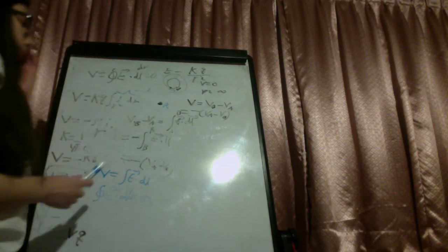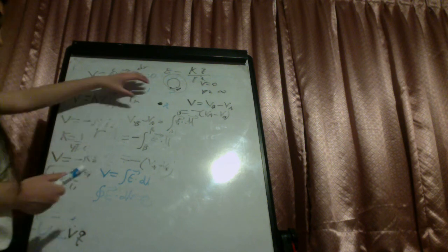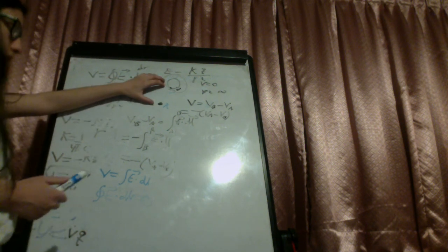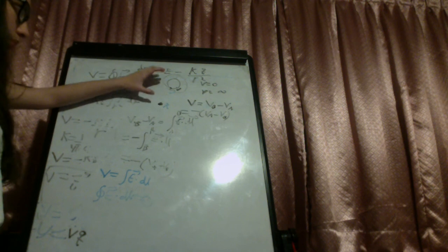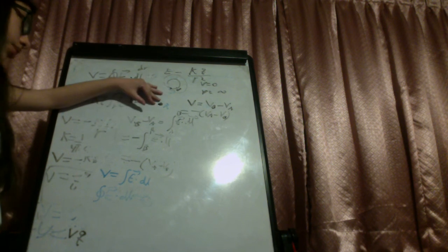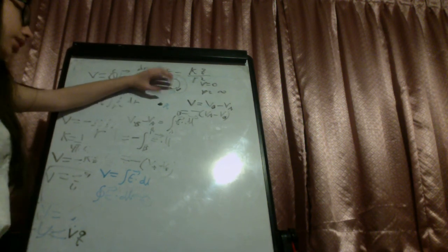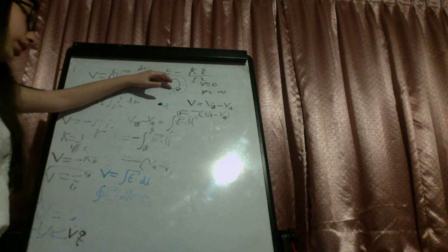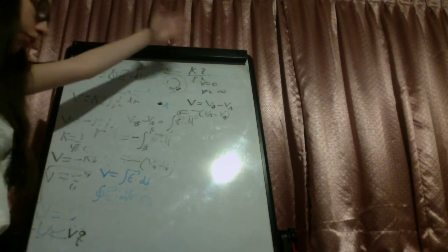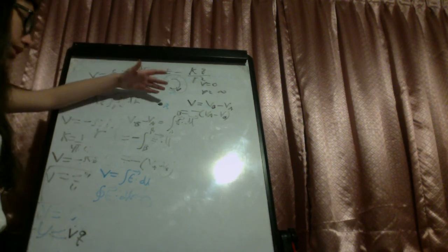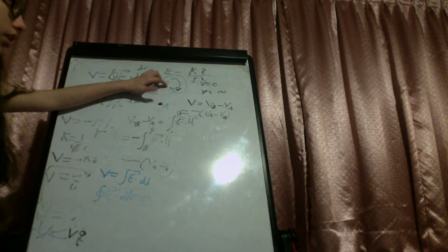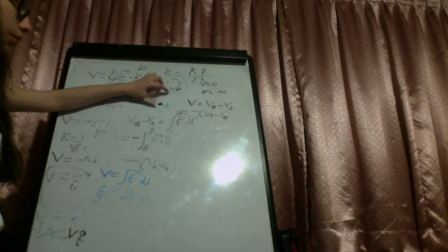And when we have these two points, we are taking the difference between the voltage of B and the voltage of A. The voltage of B was calculated as the difference between here and a point at infinity, and the same for the voltage of A, that is the same as just taking the difference from here to here.